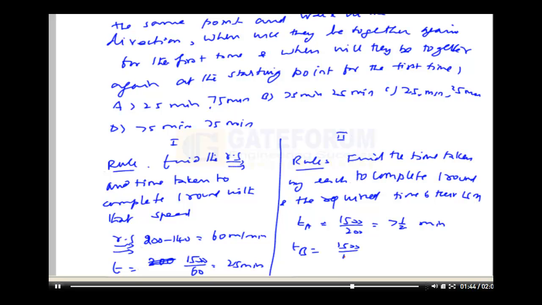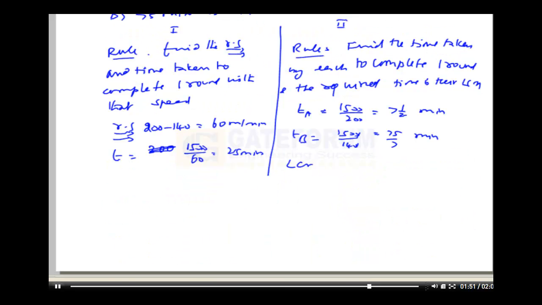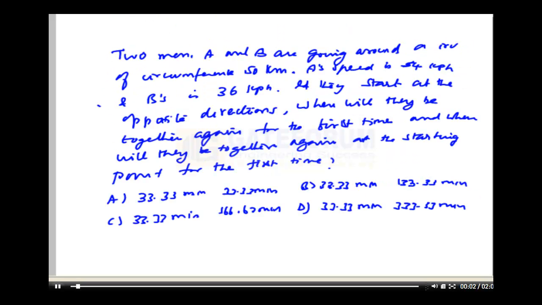Time taken by B is 75/7. LCM is LCM of 15/2 and 75/7. LCM of 15 and 75 by HCF of 2 and 7, which will be 75 minutes.